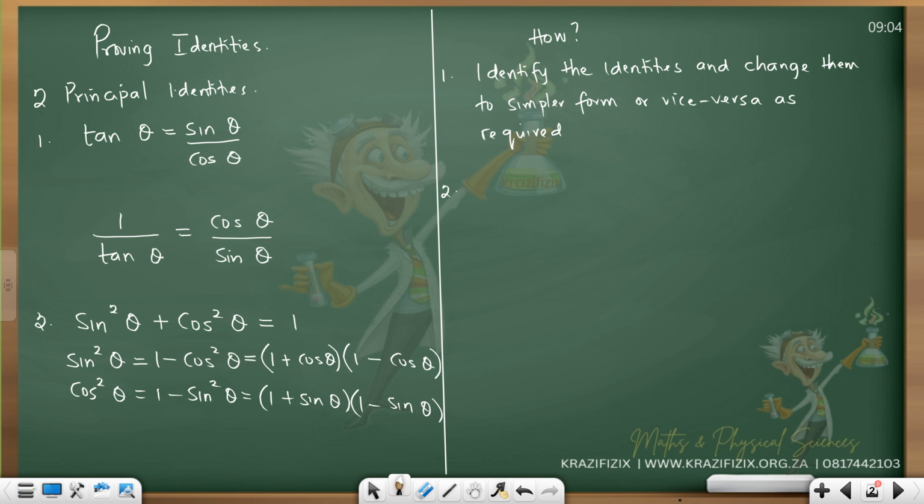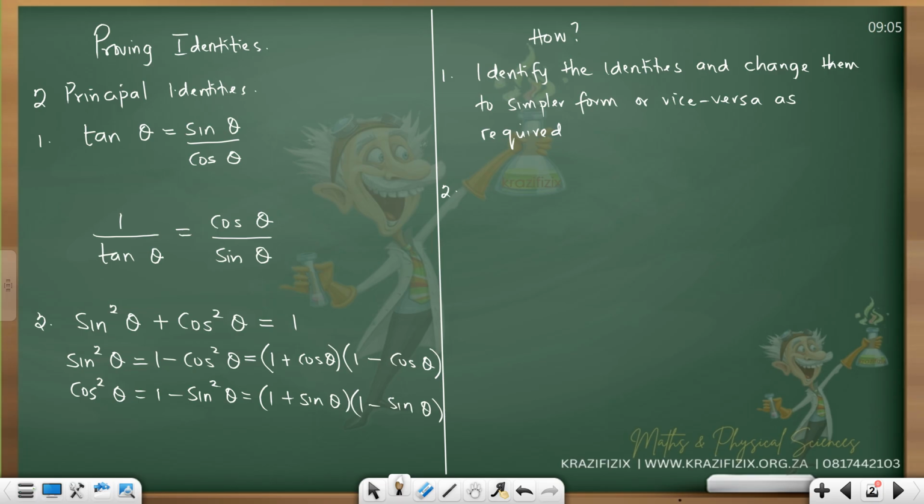Identify the identities, change them into simpler forms, or vice versa as required. We would see what the question would look like, and that will guide us into which one we are changing, which one we are leaving, and all of that.